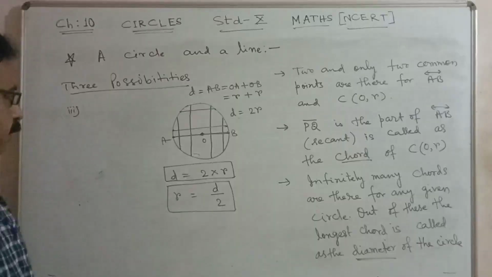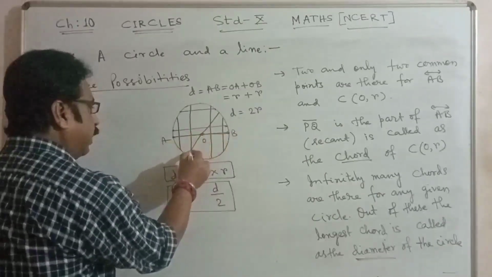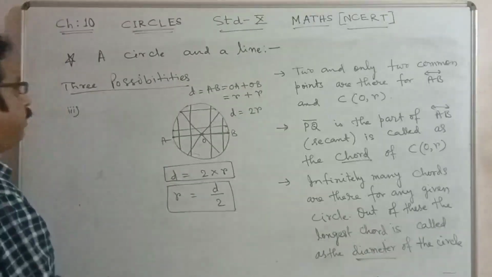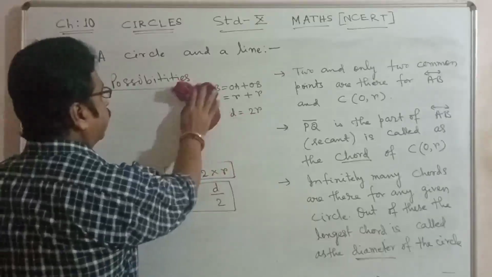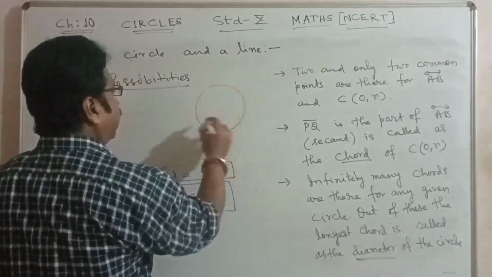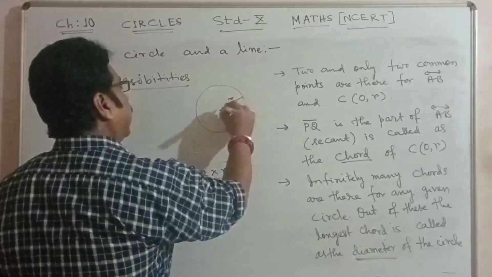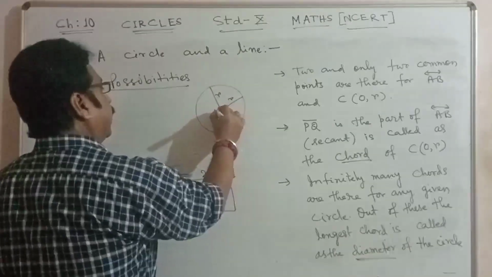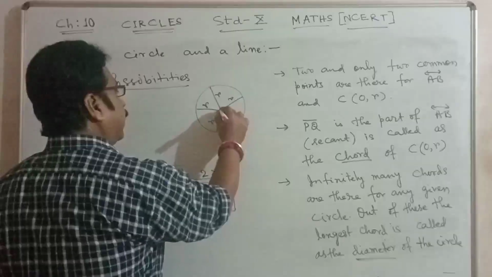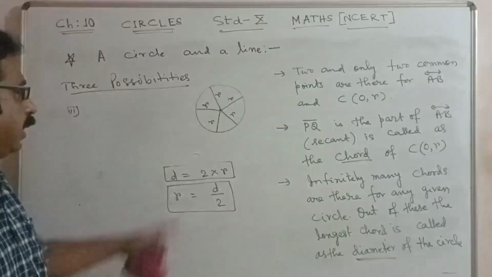For a circle, so many diameters we can draw. This is also a diameter, this is also a diameter. Suppose this is a circle, this is the center, this is radius R, this is also radius R, this is also R. So many means infinitely many radii.